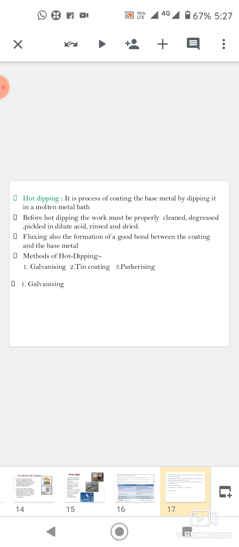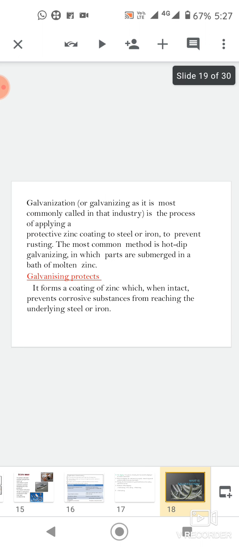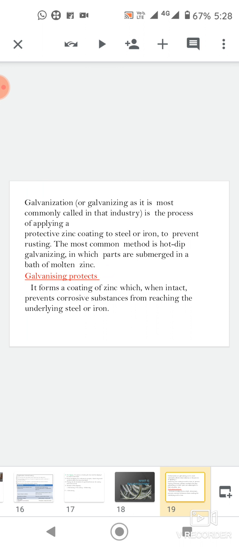And first one is the galvanizing. It is the process of producing the zinc coating on iron or steel by hot dipping, that is by immersion of iron or steel articles in a molten bath of zinc.